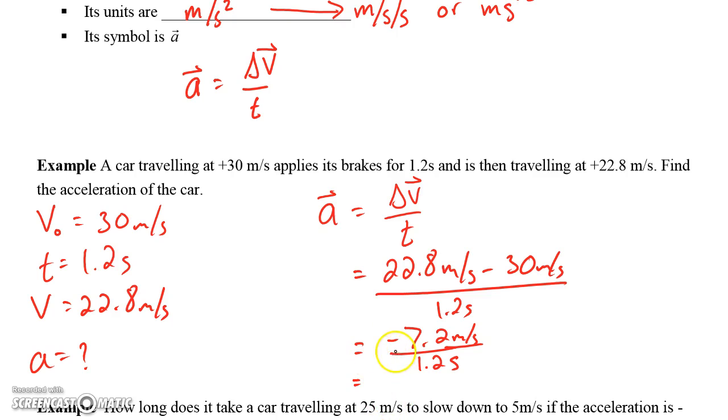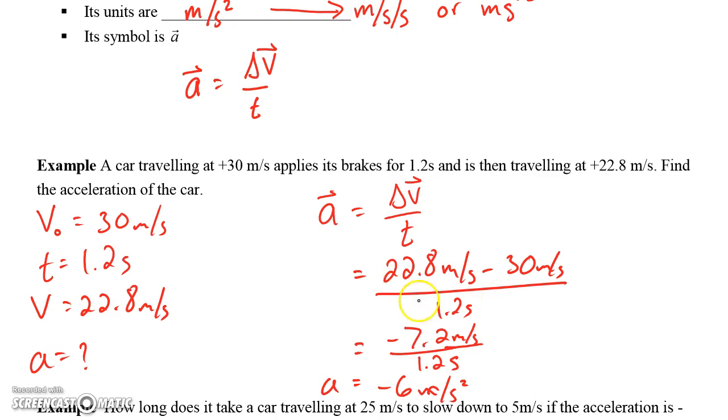And you calculate that out, and your calculator will give you minus 6 meters per second squared as our acceleration. Now, for proper sig figs, we need to make sure we're using both rules because we do a subtraction and then division.